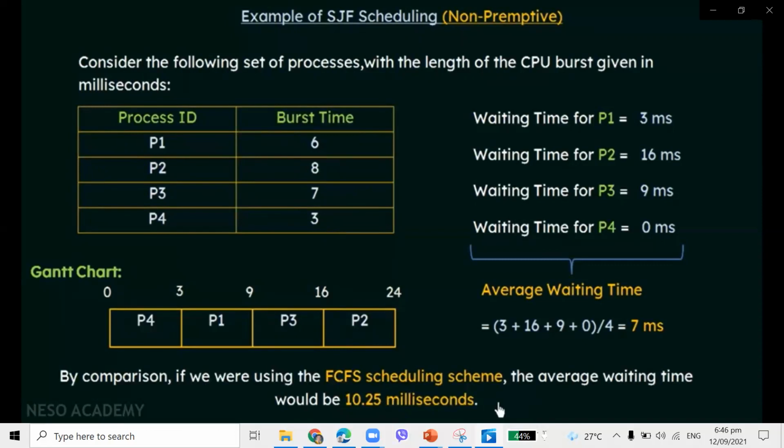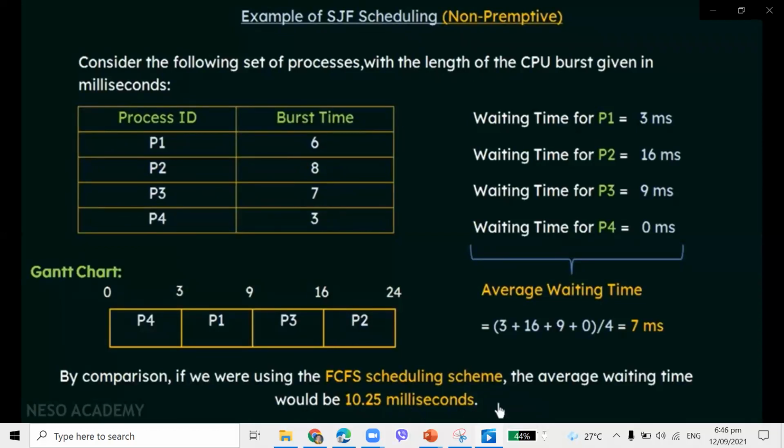In the previous lectures, when we discussed FCFS, we have already shown how we calculate the average waiting times in case of FCFS scheduling algorithm. So I will not be solving this same thing using FCFS again, because we have already discussed such examples before. You can try solving it yourself, and you will see that using FCFS for this same set of processes, the average waiting time would be 10.25 milliseconds.